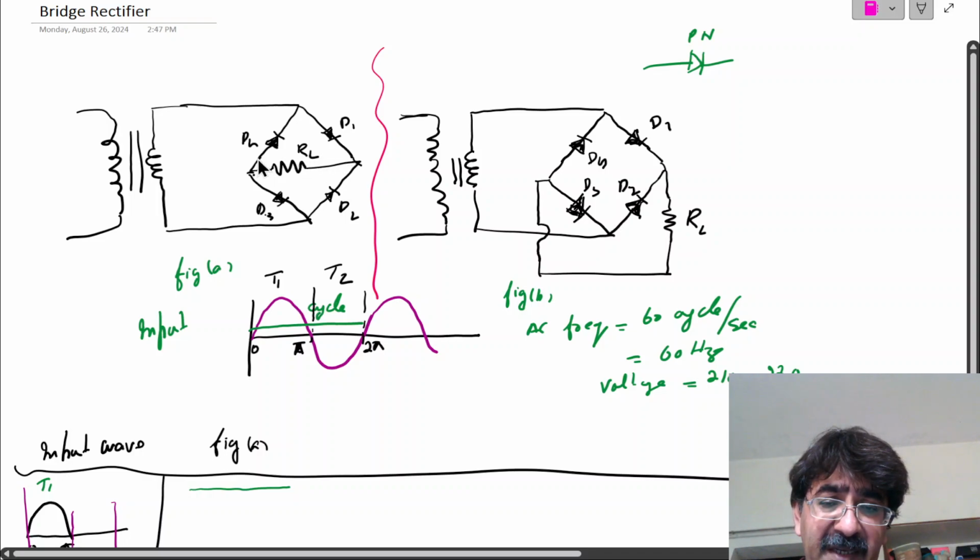Why will it not move toward D4? Because the current coming from the transformer is positive for T1, and the P terminal will receive the signal which has dropped across the load resistance.